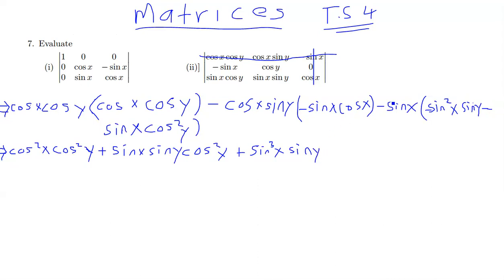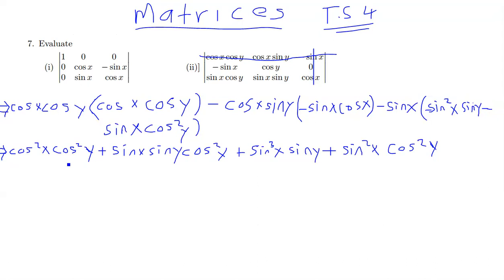Again, you multiply this negative sine x times negative sine x cos squared y. You have your positive sine squared x, and then cos squared y. So this is what we are going to have after multiplying.